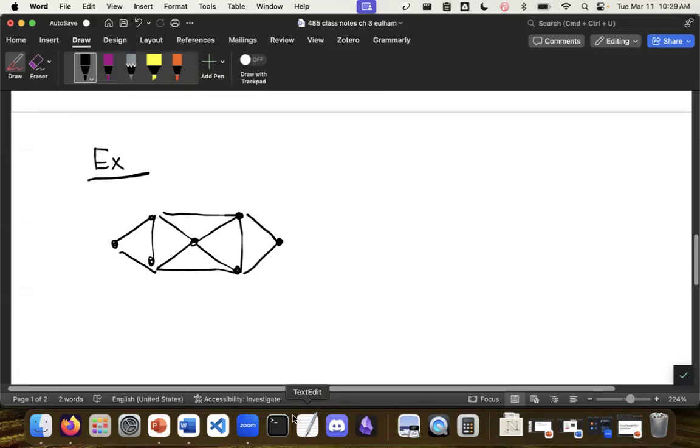And that means that this graph is both Eulerian and Hamiltonian. So E check, H check. We found one of each. There's actually more than one of each. But the presence of there being one means we can say that this graph is both Eulerian and Hamiltonian.